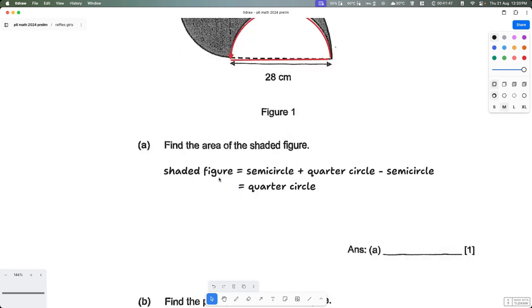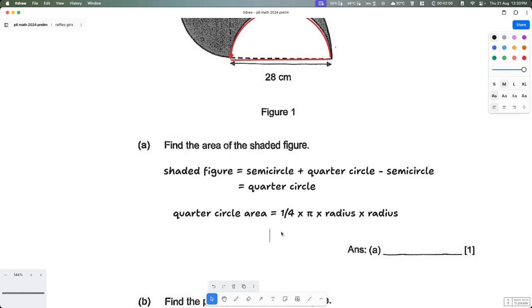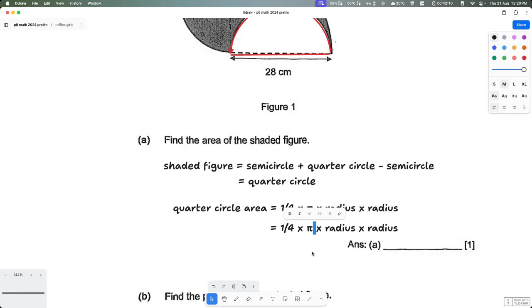Okay, so quarter circle area is equal to 1 quarter times pi times radius times radius. So this would then become 1 quarter times pi, which is 22 over 7, times radius, which is 28.